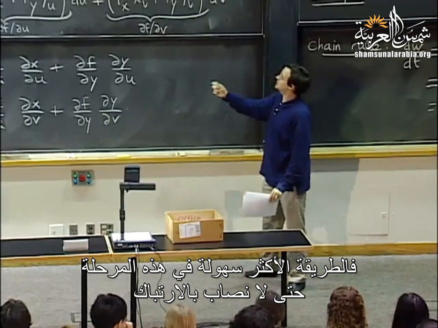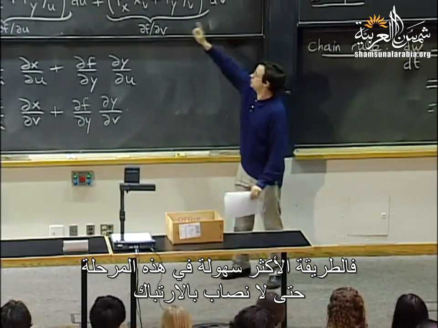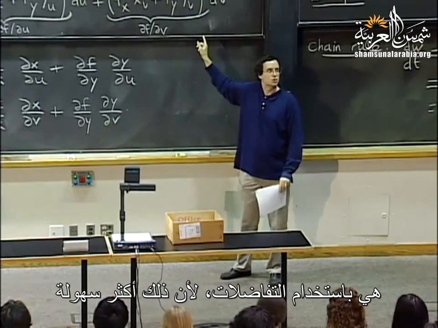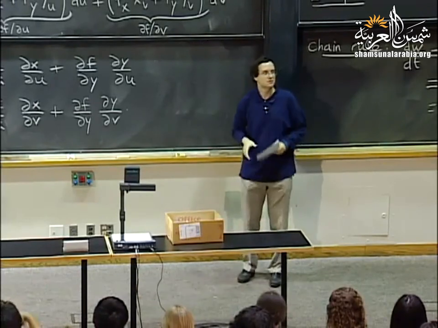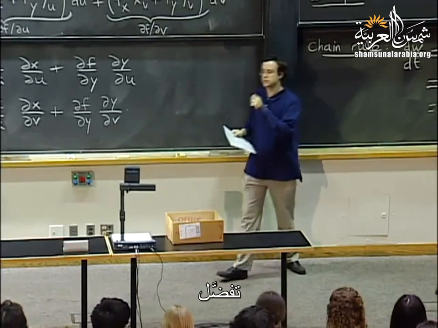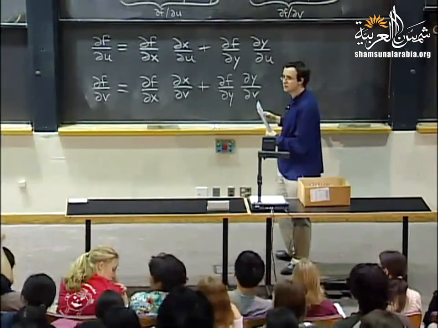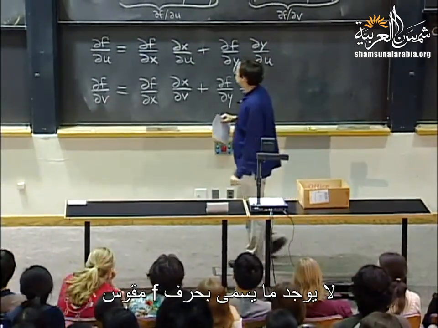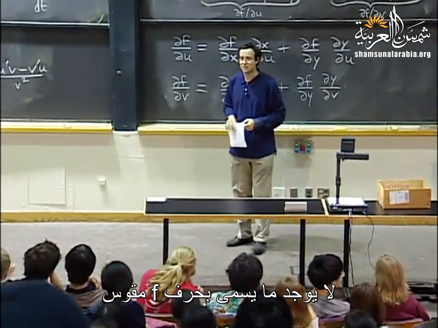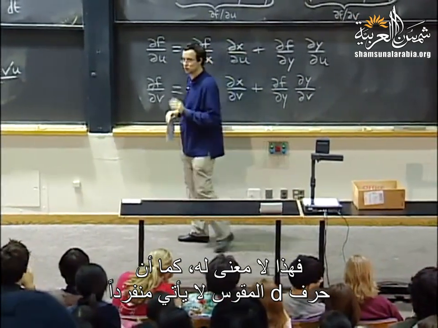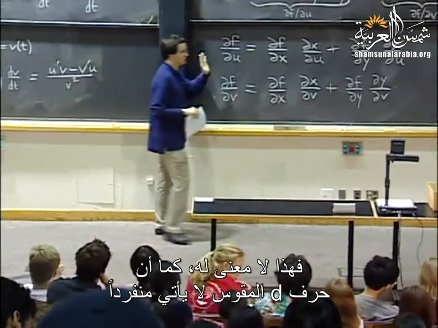I mean, probably at that stage, the easiest way to not get confused is to manipulate differentials, because that's probably easier. Yes? Can you explain the relation between df and curly f? So curly f does not exist. That's easy. Okay? Curly f makes no sense by itself, it doesn't exist alone.